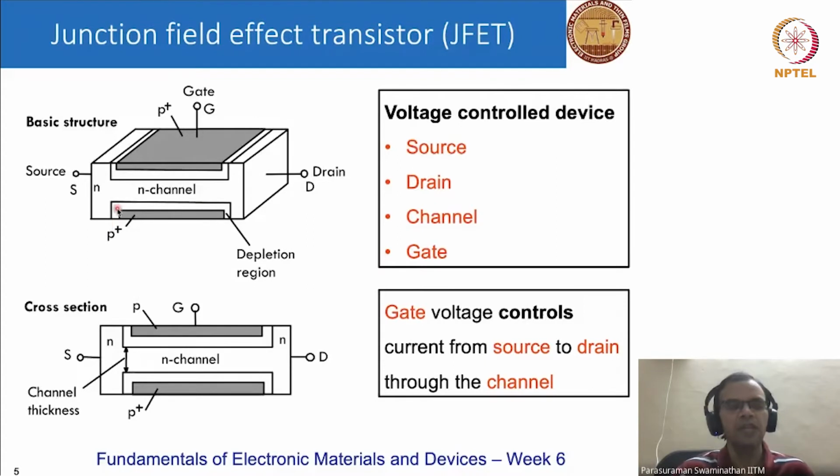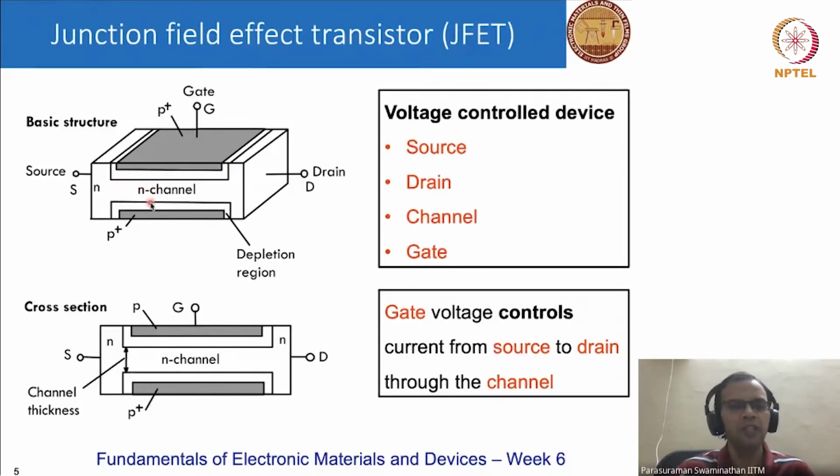So in this particular case, we have a source which is N-type, and basically we have two regions which are essentially heavily doped P-type. So this in turn lets us form two junctions between the P plus and N, and we have a depletion region which is formed in the N-type region.